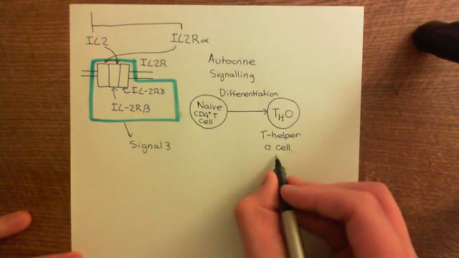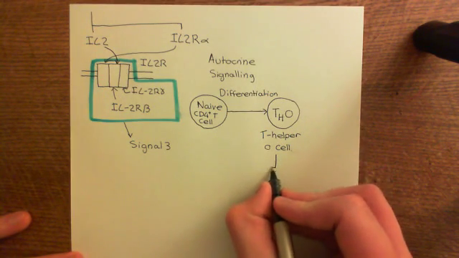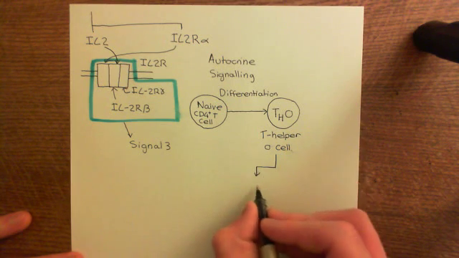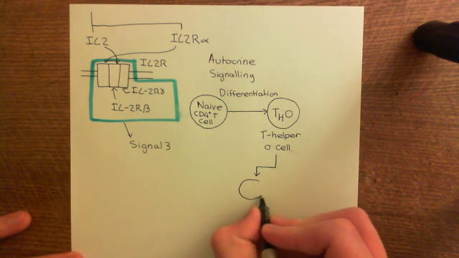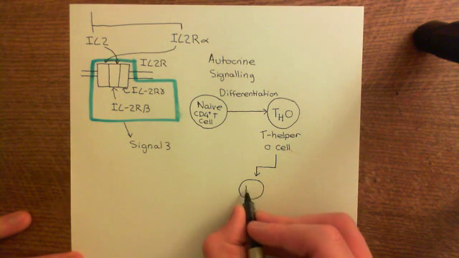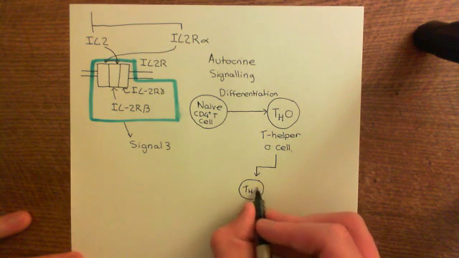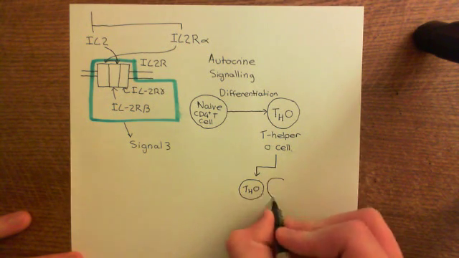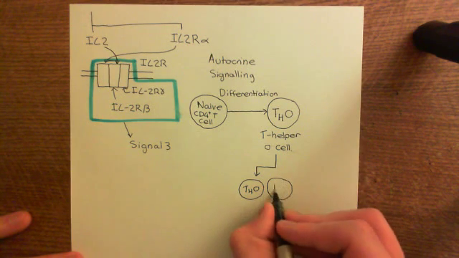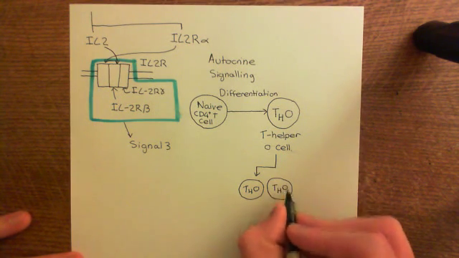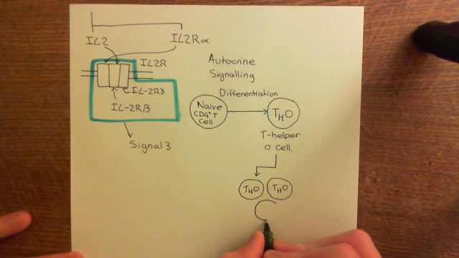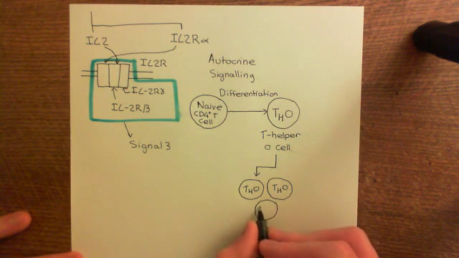Then the T helper naught cell is going to proliferate, and you're going to get a whole population of T helper naught cells. Now I will just draw 3, but you're going to get thousands, if not millions, of these things. So you're going to get an entire population of identical T helper naught cells, all still in the lymph node.